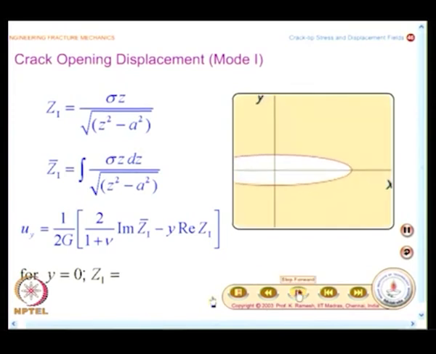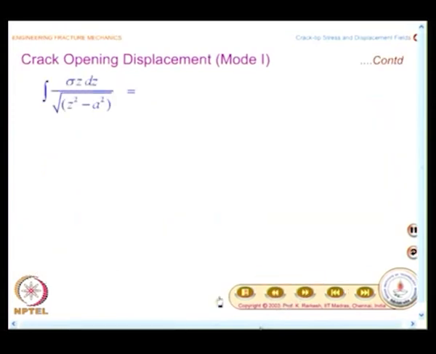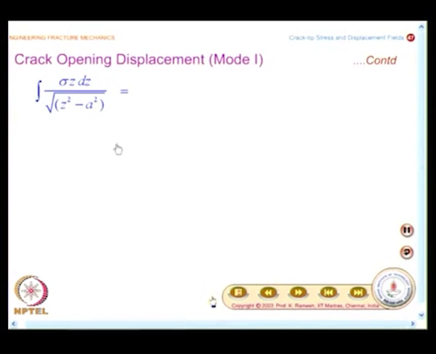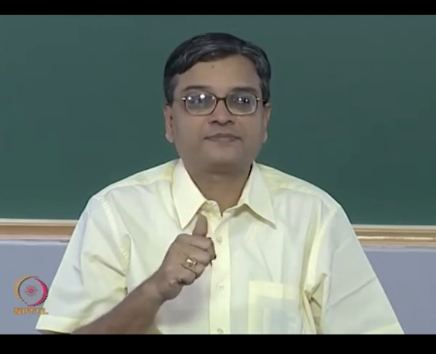Let us see how we get this. We have to essentially get the integral of sigma z dz divided by root of z squared minus a squared. In the last class I told you that you have to brush up the table of integrals and also look at how, by substituting the variable, you will evaluate the integral. I will start giving you clues, then we can proceed.